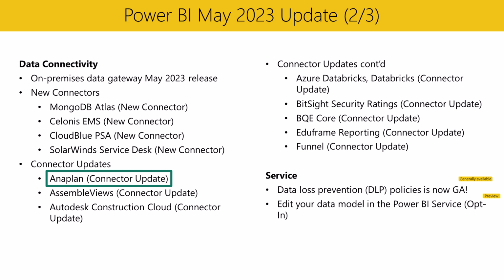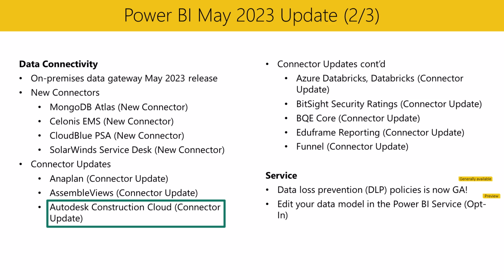Starting with Anaplan, the update includes back-end changes for compatibility with ongoing Anaplan infrastructure updates. There's no change to user-facing connector features. The AssembleViews update adds the ability to select individual models as well as views for maximum flexibility when pulling data from your Assemble project.